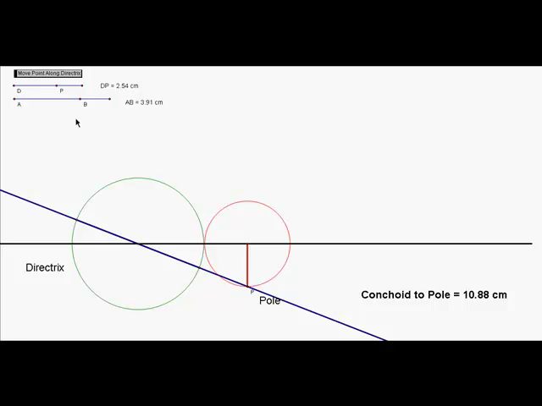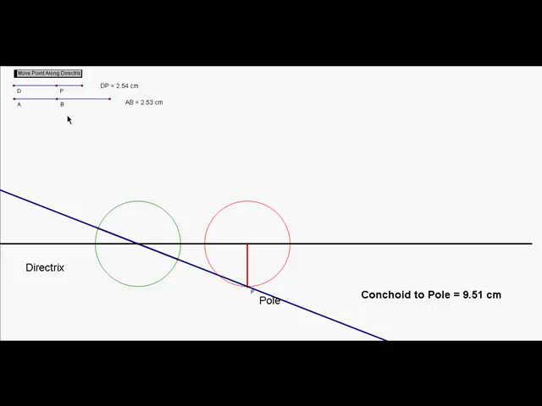Let's see what happens to our curve if we make the radii of the two circles the same by changing the bigger one and trying to make it exactly the same as the smaller.